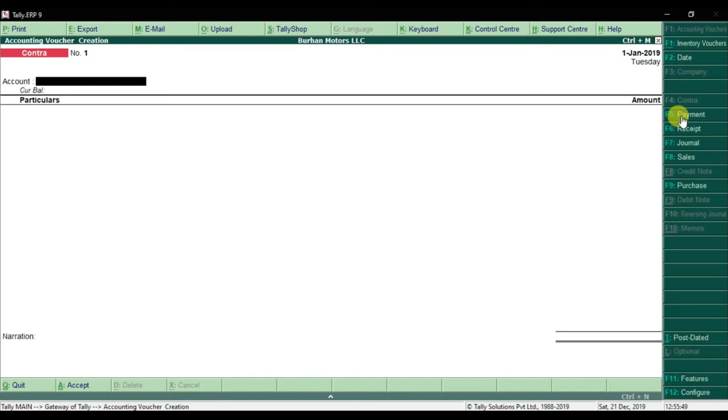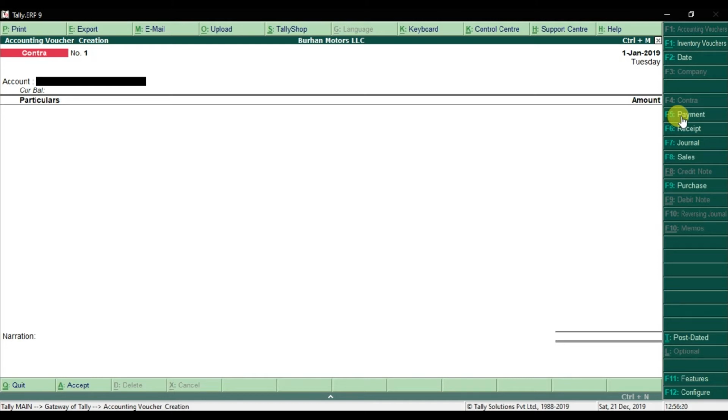If you are doing a payment, you pay rent, you pay salaries, you pay, let's suppose, for the insurance, you pay the electricity bill, that is payment, F5. You are paying your suppliers, your vendors. So where you need to record that entry is F5, which is for the payments. Got it? Yes or no?